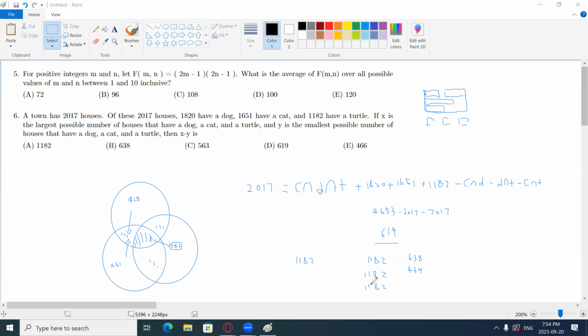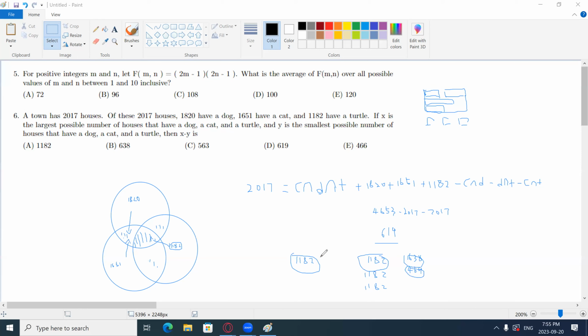And if you add this number, this number, and this number up, you will see that they're indeed greater than or equal to 2017, which means there is a scenario where 1,182 houses belong to a dog, a cat, and a turtle.